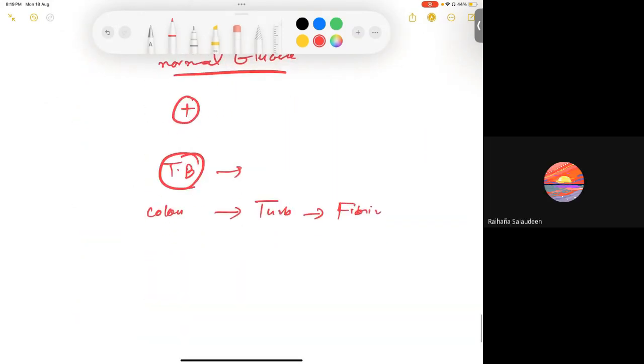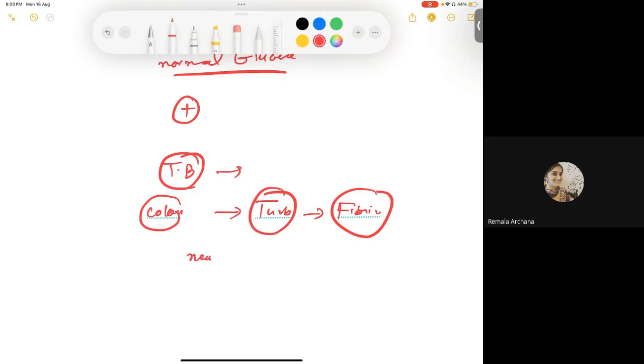In TB meningitis, the color is going to be turbid, but in the end we are going to have fibrin webs within the subarachnoid space, which is going to lead to communicating hydrocephalus. Remember, in TB meningitis the concentration of neutrophils would be normal or decreased, while the lymphocyte concentration is going to increase.